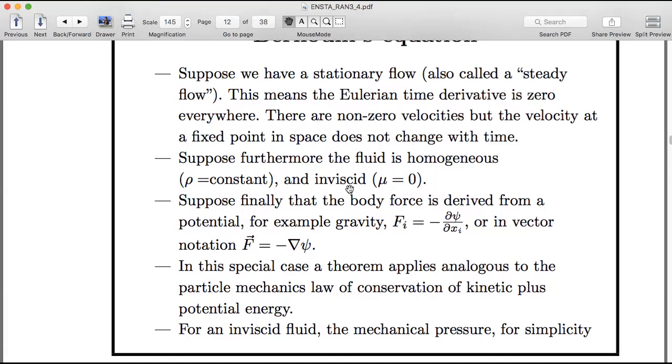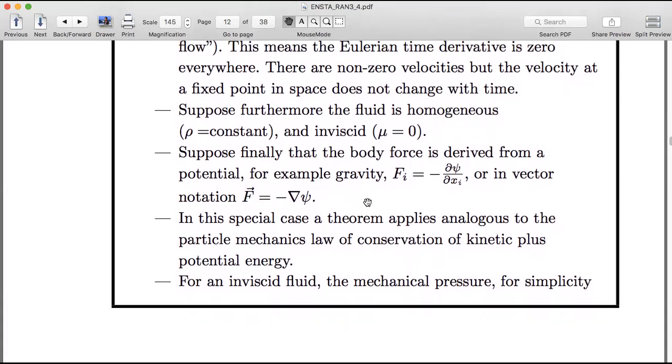And I also want to consider an inviscid flow. When we say inviscid, we mean it has no viscosity. Mathematically, this corresponds to the parameter mu, the dynamic viscosity, and therefore also nu, the kinematic viscosity, being equal to 0.